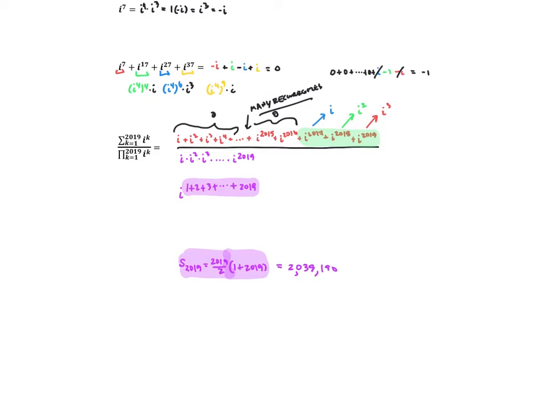Okay, now seeing that this is now i to that number, I'm going to divide that by 4. And it comes out to be i to the 4th to the power 509,797 and 1/2.